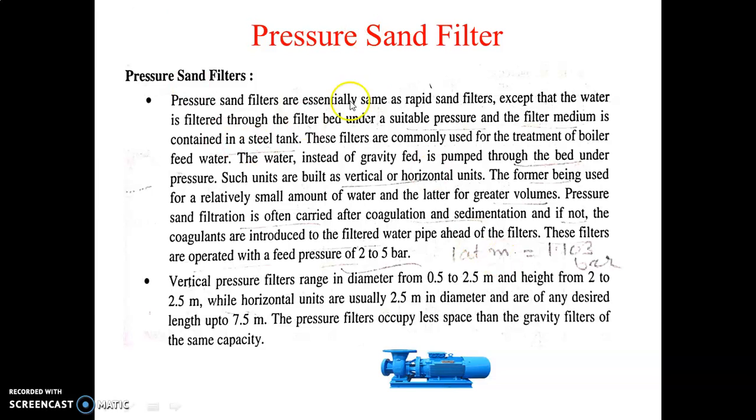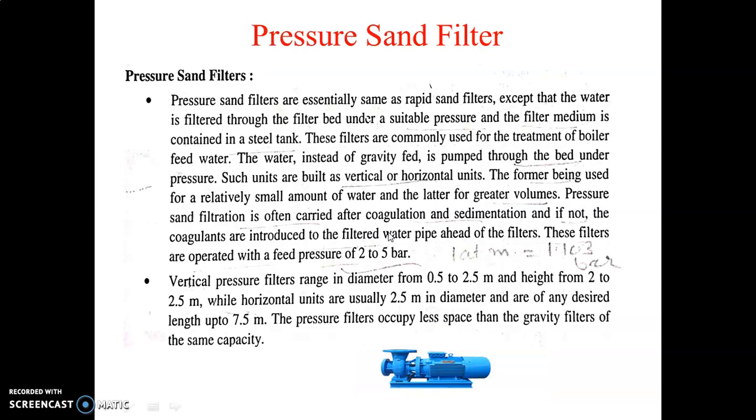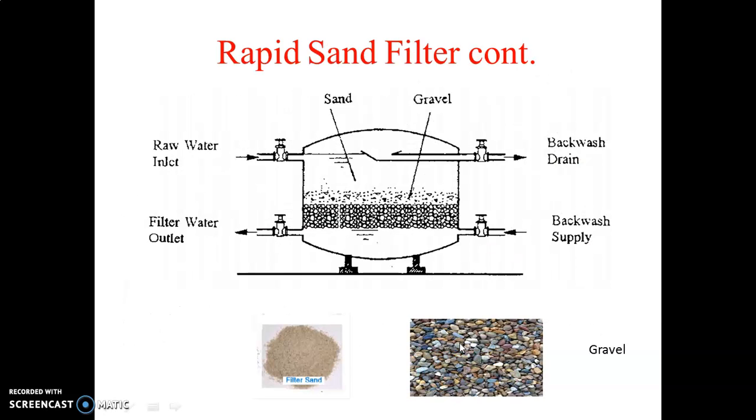Then there is another filter, the pressure sand filter, which is also called a primary sand filter. What is happening here? The construction is the same. But here we apply the water using a pump instead of gravity. I showed this pump earlier, and this type of pump is used here.